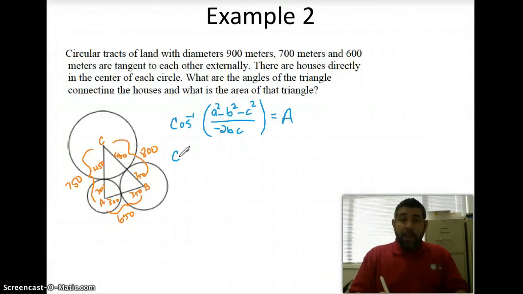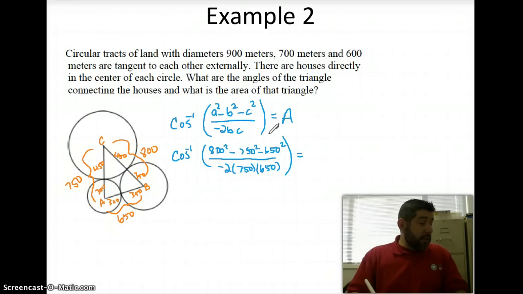So let's plug in everything in here. a squared is 800 squared, minus 750 squared minus 650 squared, all over negative 2 times 750 times 650. We enter that in our calculator, and it gives us 69.3 degrees.